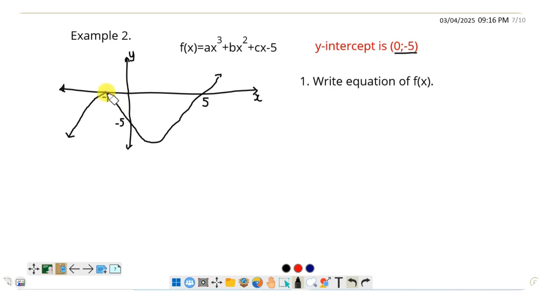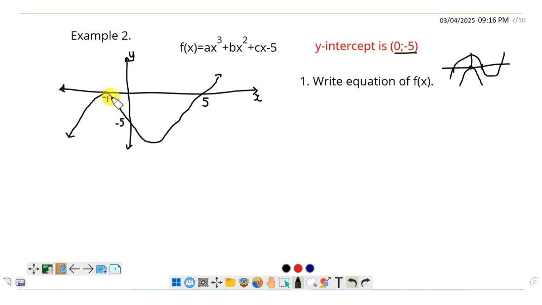So when that happens, it means the x-intercepts that you normally have are represented here at the turning point.